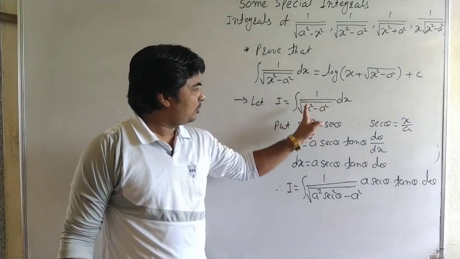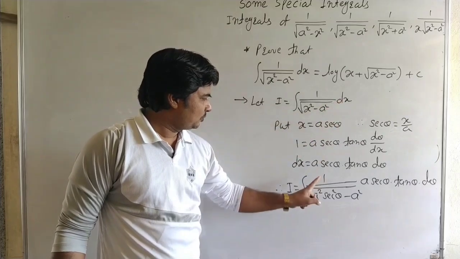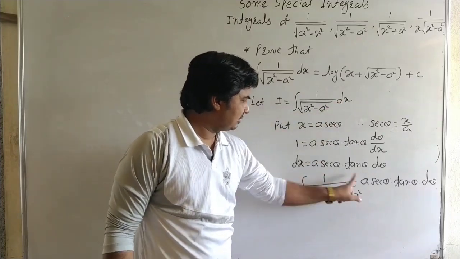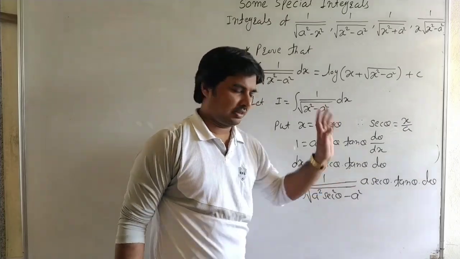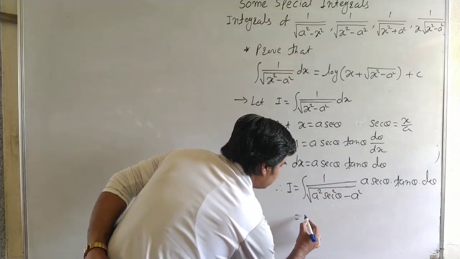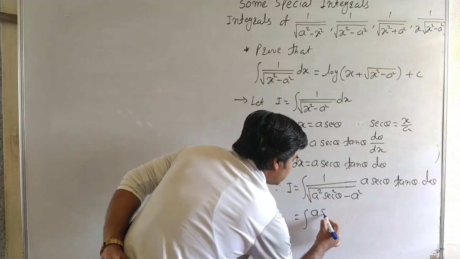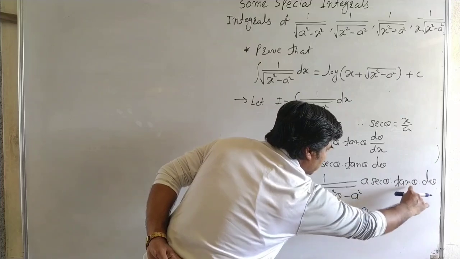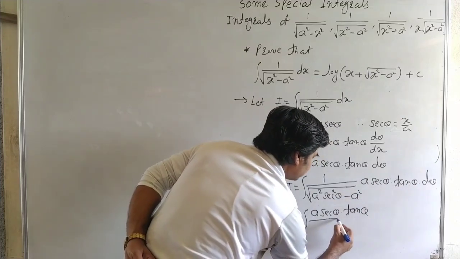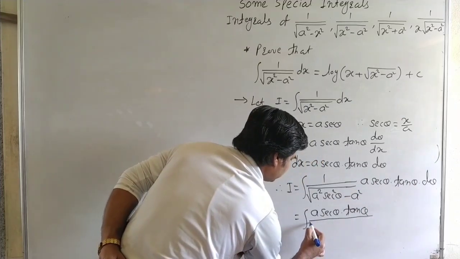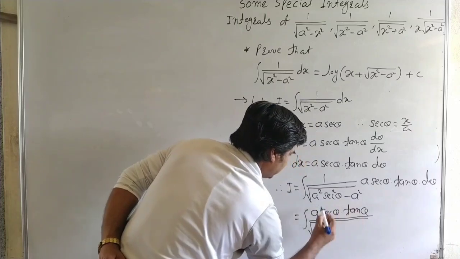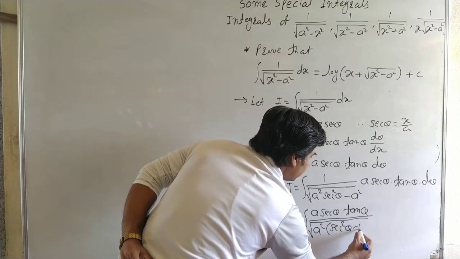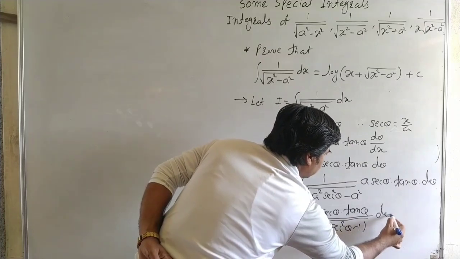Our integral is 1 upon under root x square minus a square dx, and this is the value of dx. Now integral of a sec theta tan theta upon, here take a square common, sec square theta minus 1, d theta.